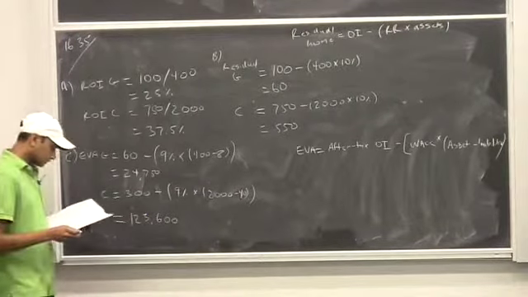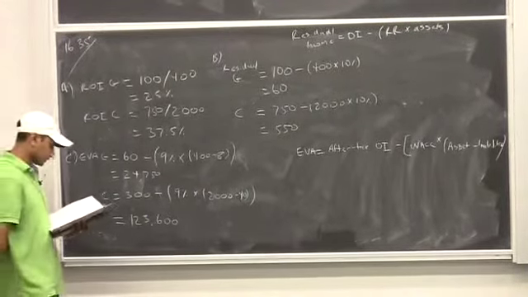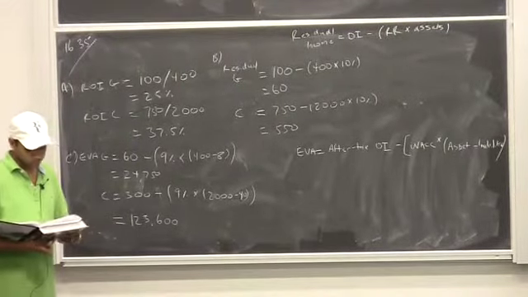Okay, D, evaluate the two divisions. Write a memo to the CEO explaining the performance of the two divisions. So we can evaluate them on return on investment.